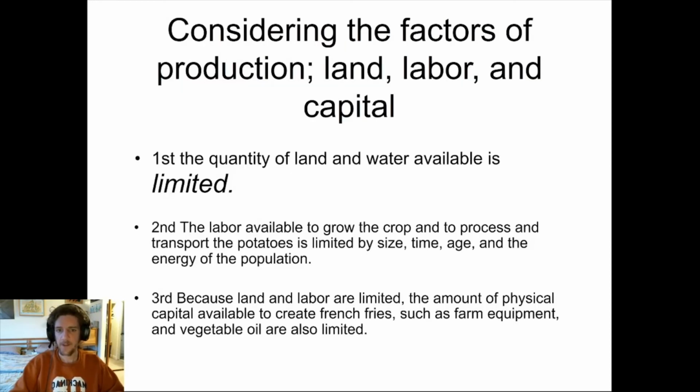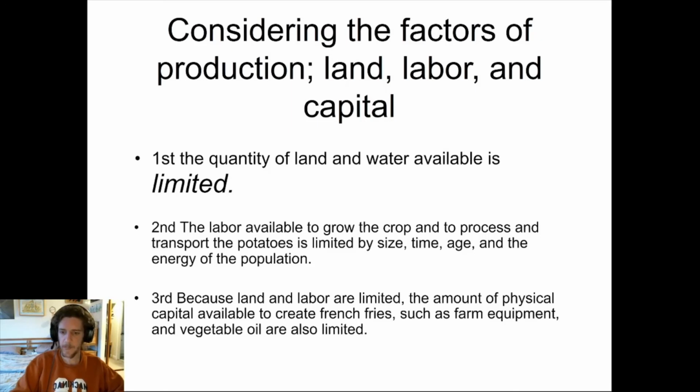All right, so the answer is here. The quantity of land and water available for the French fries are the land, and of course it is limited, like all things that are scarce. The labor involves not only the growing of the crop, but also the processing of it through its delivery all the way to your door.